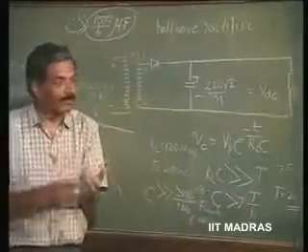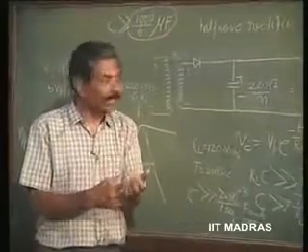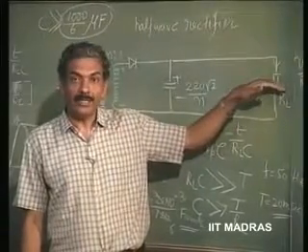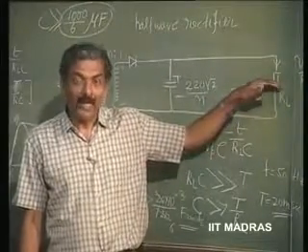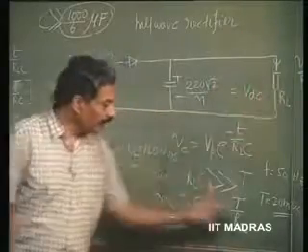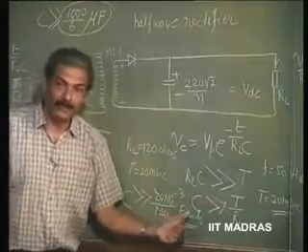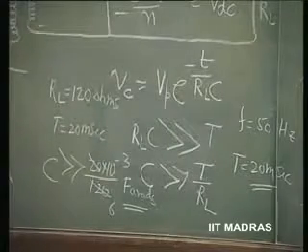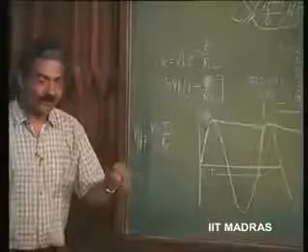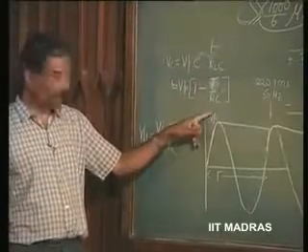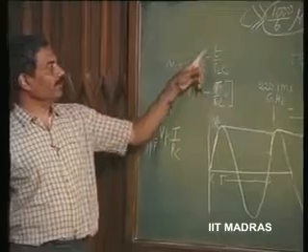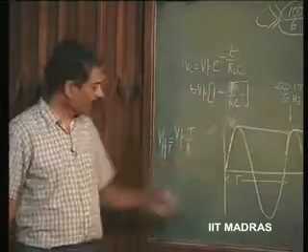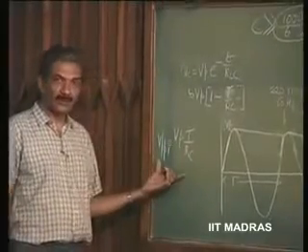In situations like television, radio receiver, etc., you have to consider what is the maximum ever current that is likely to be drawn by this power supply and use that as the load in estimating the value of the capacitor that we have to connect. After doing this, we already know that our approximation is very good, and therefore T by Rc is extremely small, and instead of e to the power minus T by RLC, we can approximate it to 1 minus T by Rc. Then the peak to peak ripple is this value.